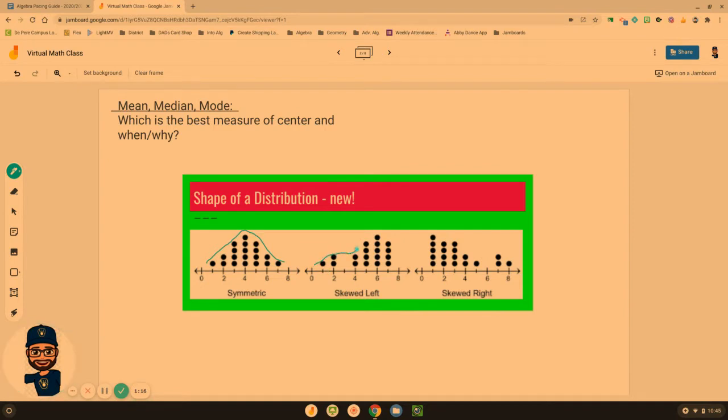If you look at this one, its tail is going off to the left, so it's skewed left, versus this one, where it's got a tail that's going to the right, so we call that skewed right. Make sure you know the difference visually in what those look like, okay? And that's what we get from a box plot.